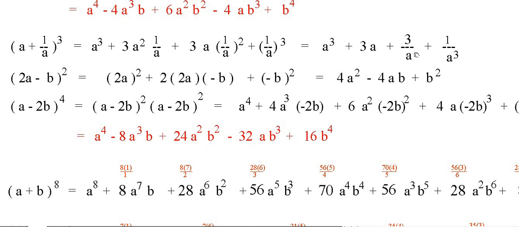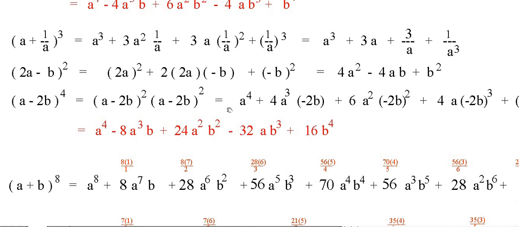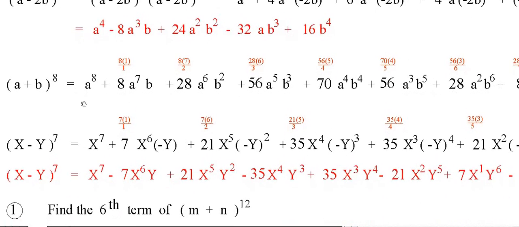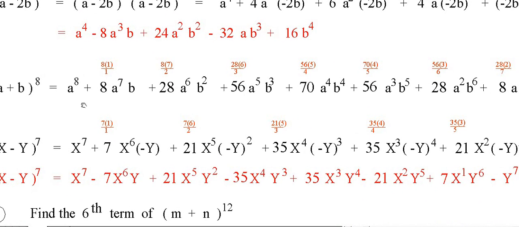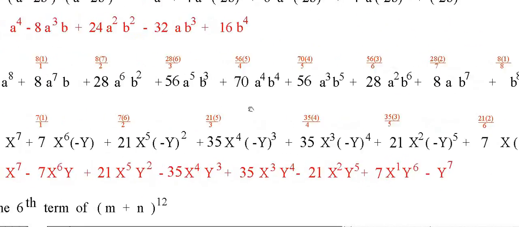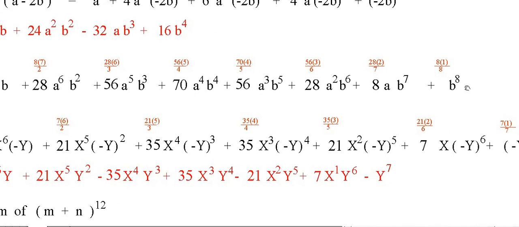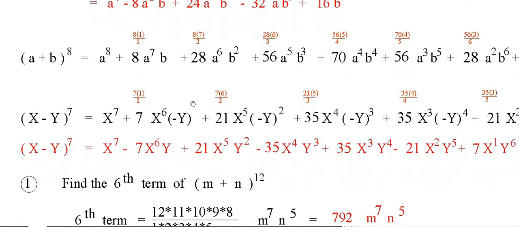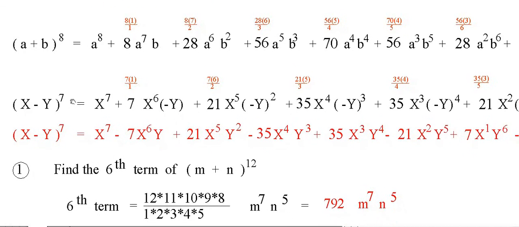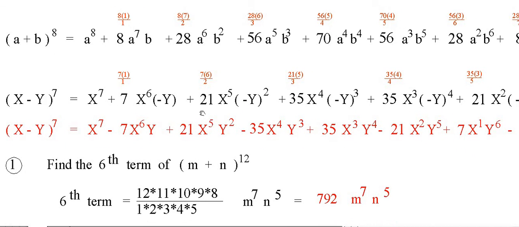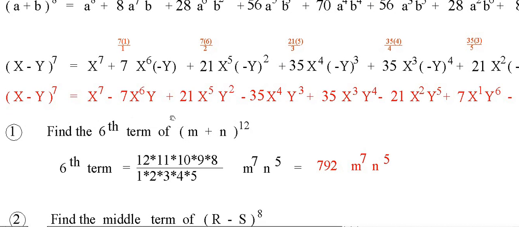This is 1, 2, 3, 4. Okay, so in a binomial expansion raised to the 8th, expect that this is 9 terms. So we count: 1, 2, 3, 4, 5, 6, 7, 8, 9. 9 terms. This is raised to the 7th, so we have 8 terms.